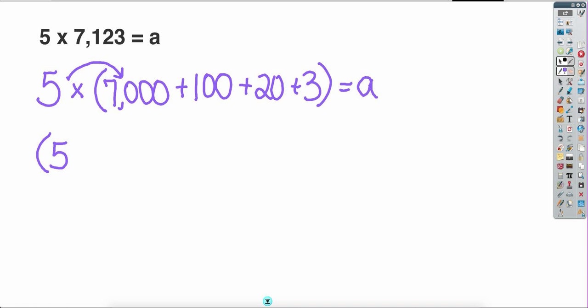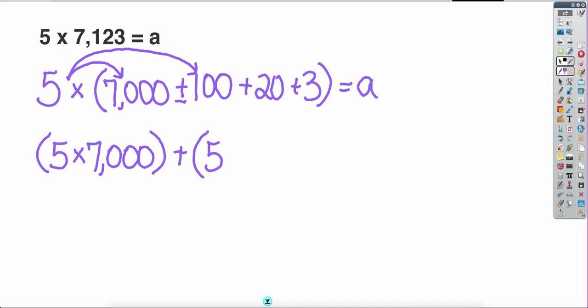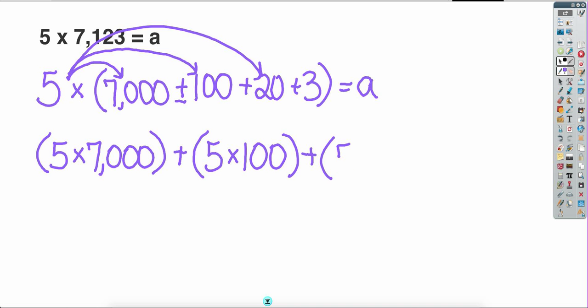So distribute, close parentheses, addition, right? We're going to add. Now I'm going to distribute again. 5 times 100. So take your time, distribute to one value at a time. So I really need to know my 5 facts.